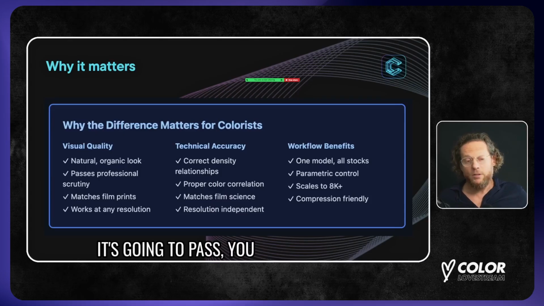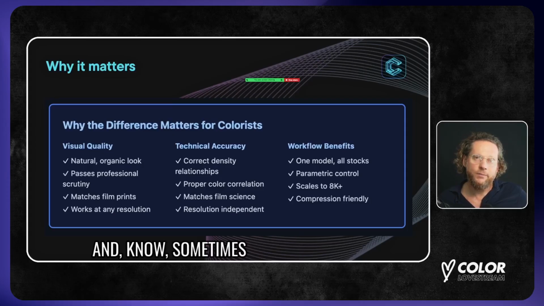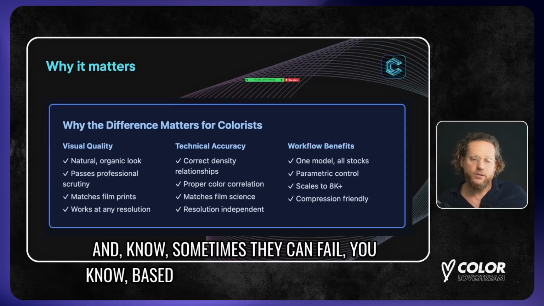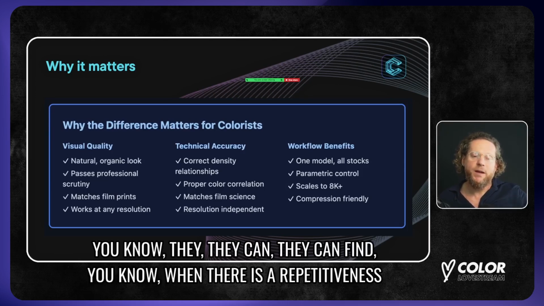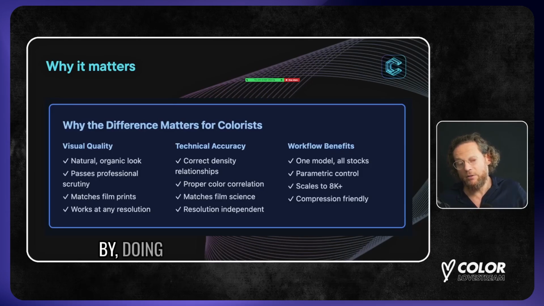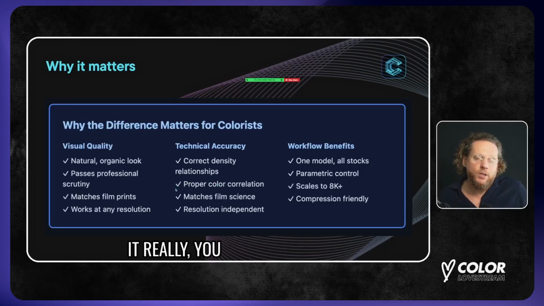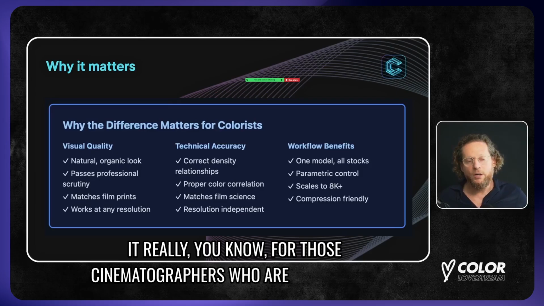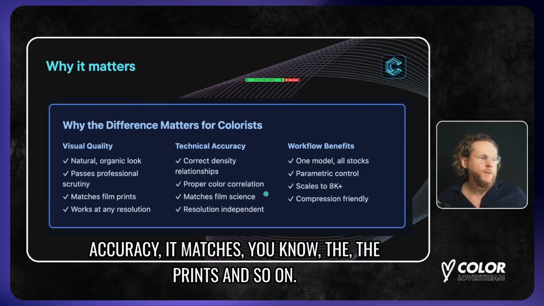You can deliver your shows to any major studio, and sometimes they can fail based on a signal to noise ratio, or they can find when there is repetitiveness in it. There are lots of technical issues like that, but by doing a high-end emulation, you're never going to have that. For those cinematographers who are looking for accuracy, it matches the prints and so on.